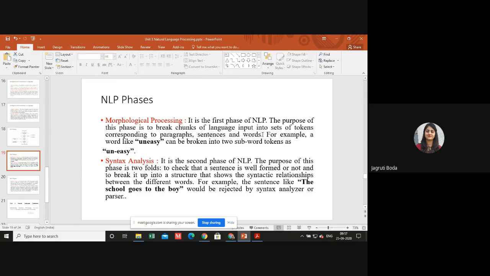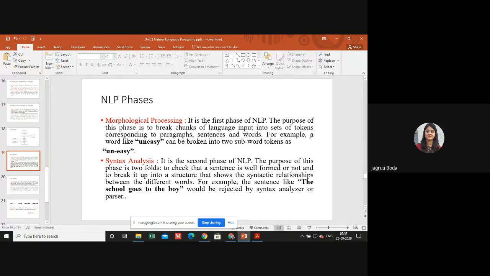What is a token? A token is the smallest individual unit of your sentence. Means, I am Jagruti Boda. So what are the tokens? I, am, Jagruti and Boda. These are the tokens of my sentence. So what is the role of morphological processing? They tokenize our sentence into different tokens.